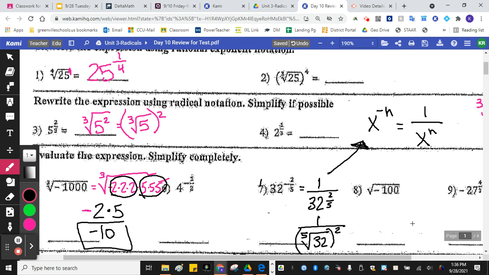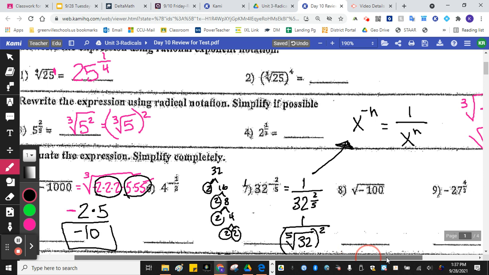Fifth root of 32. We can actually simplify. Because 32 is 2 times 2 times 2 times 2 times 2, 5 2s. So every 5, 1 comes out since it's a 5th root.